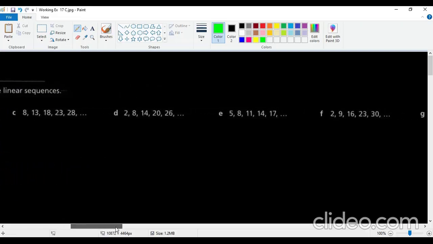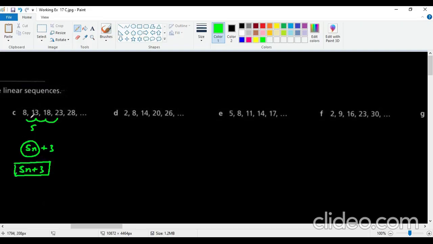Now comes question number C. Here, we can see the difference is 5. So 5n, and what should I do with 5n to make it an 8? I will add a 3 to it. So 5n plus 3 is the term rule.